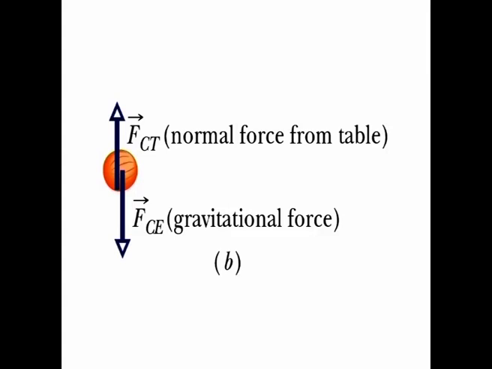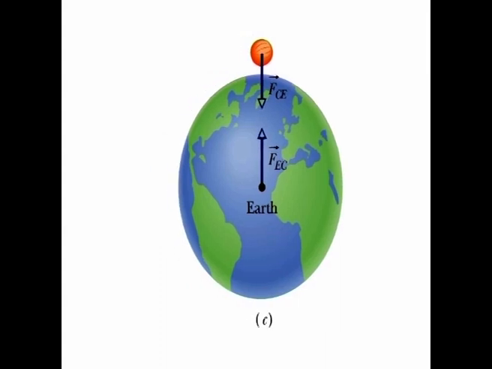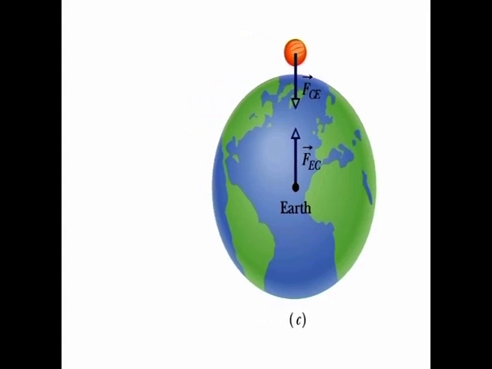To find a third law pair, we must focus not on the muskmelon but on the interaction between the muskmelon and one other body. In the muskmelon earth interaction, as shown in figure C, earth pulls on the muskmelon with a gravitational force FCE and the muskmelon pulls on earth with a gravitational force FEC. These forces are a third law force pair because they are forces on two interacting bodies, the force on each due to the other.